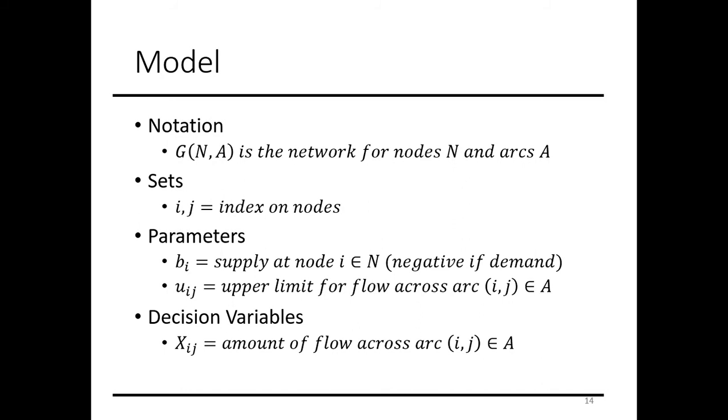Each arc has an upper level constraint, represented by u_ij, the upper level limit going from node i to node j. For our problem, our decision variable is going to be x_ij, the amount of flow that can go from node i to node j. It's a continuous non-negative variable.